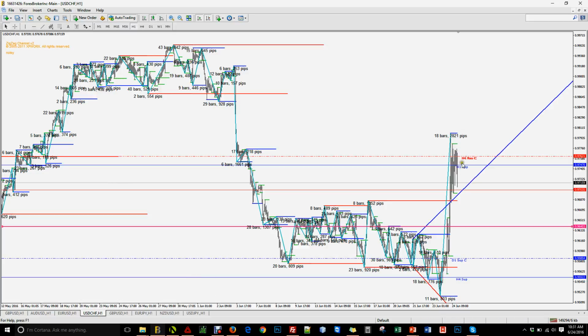And as I said in the presentation, it tells you right here, H1 support, that's hourly support, D1 support, that's daily support, H4 support, that's 4-hour support. So you don't need to switch between charts to see that. It's just going to bring it up for you, which is pretty nice.